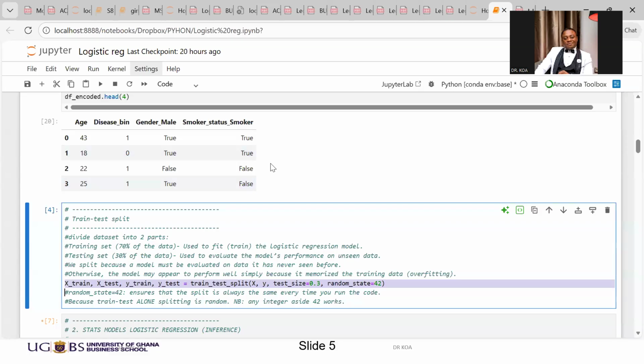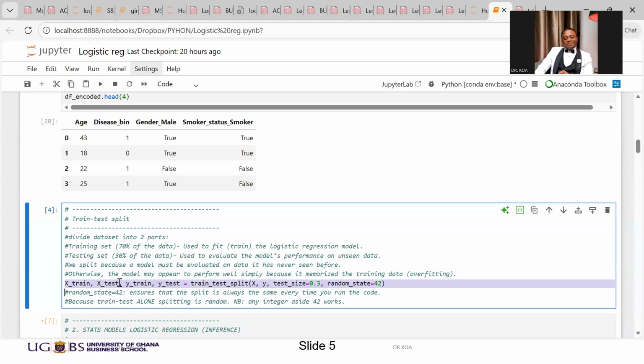So if your observation is, say, 50, 70% of that is probably going to be, I don't know, 70% of 50 observations, and then the rest becomes 30. And you are doing this for both the target variable as well as the predictors or the features.